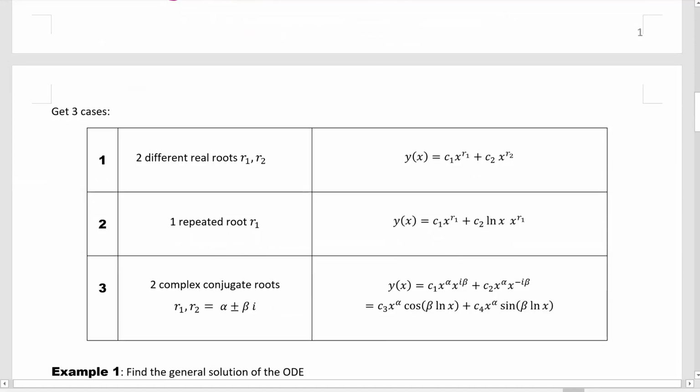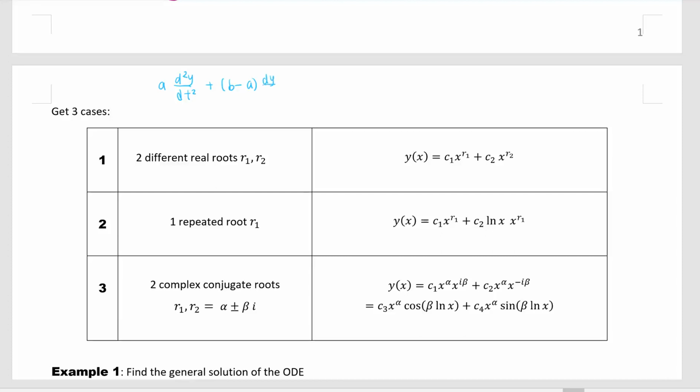We have a y double prime, the second derivative with respect to t, and then b minus a times dy/dt plus c y equal to 0.